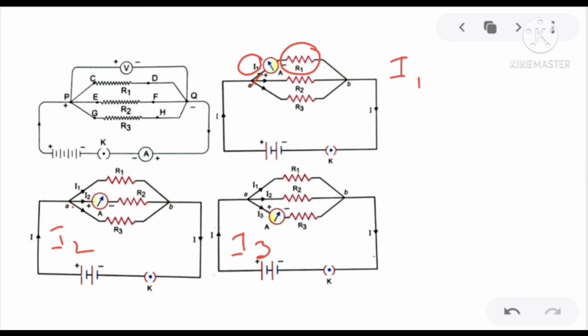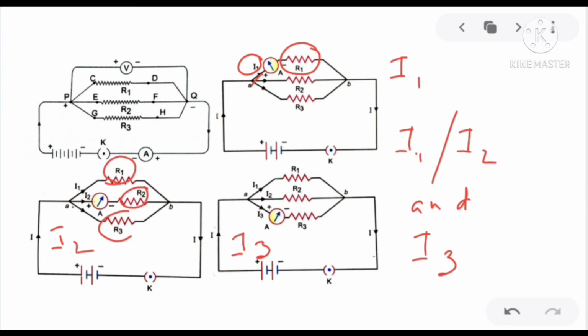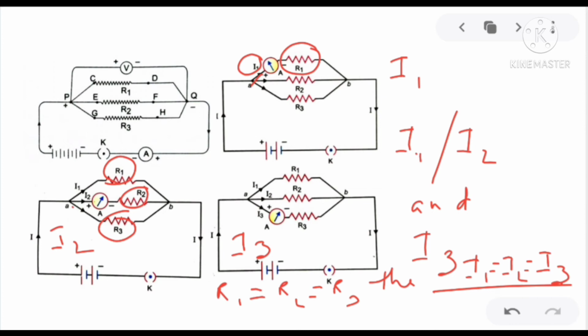That means the three paths will get different currents, I1, I2 and I3, because of different resistances. Now if R1 equals R2 equals R3, then I1 equals I2 equals I3. Remember this.